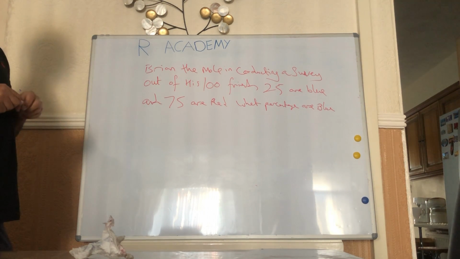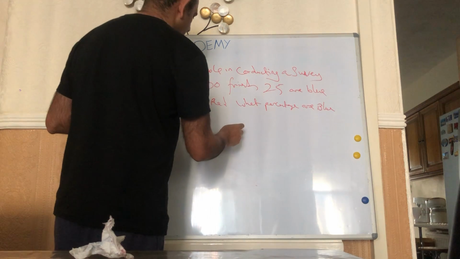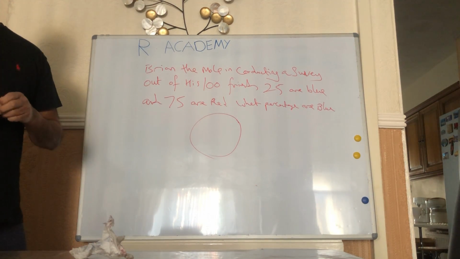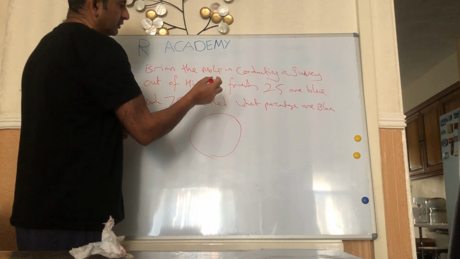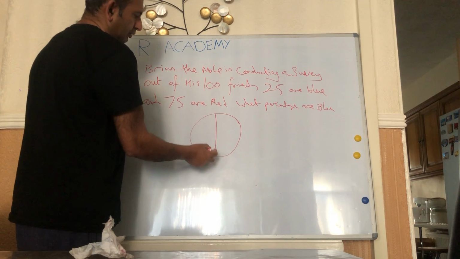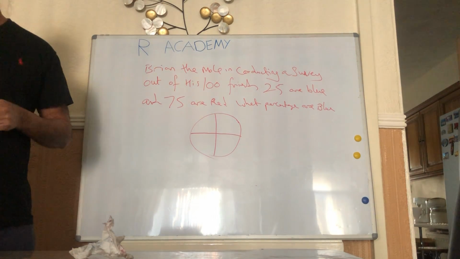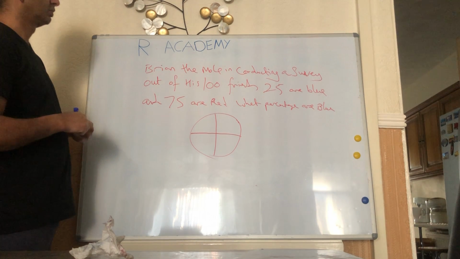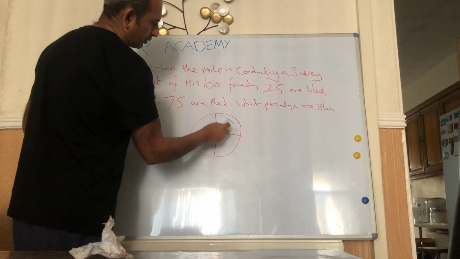So there are a few ways you could answer that. You could draw yourself a pizza and split it into 4 quarters, and then you could label it 25%, which is 1 quarter.